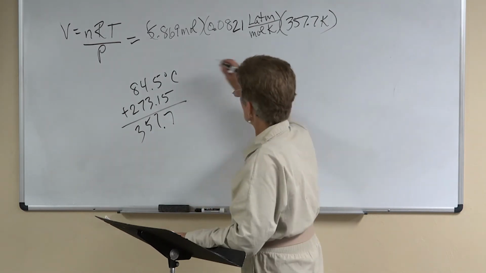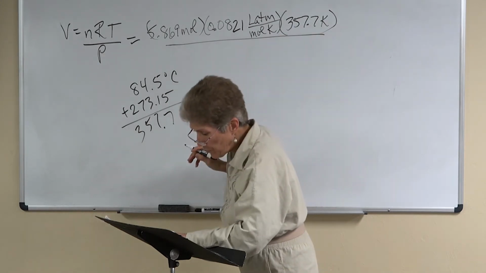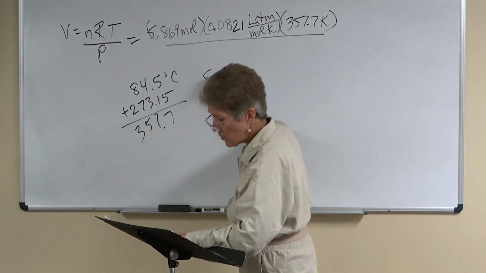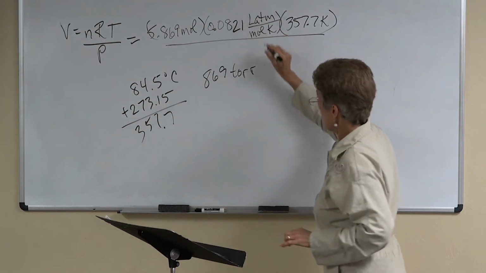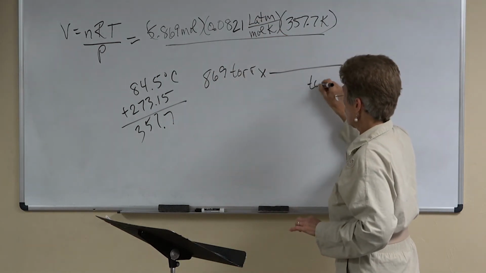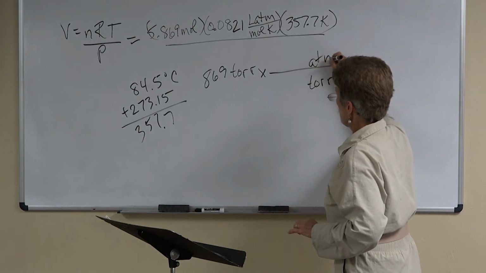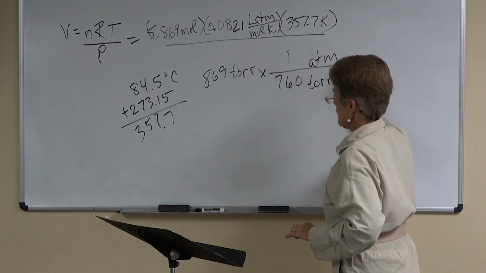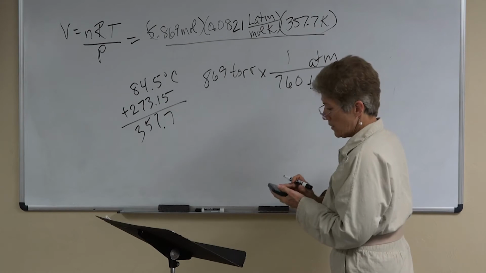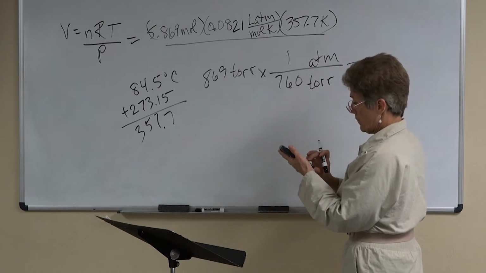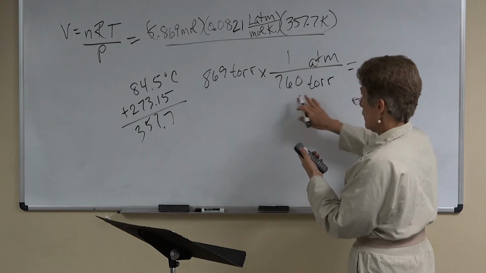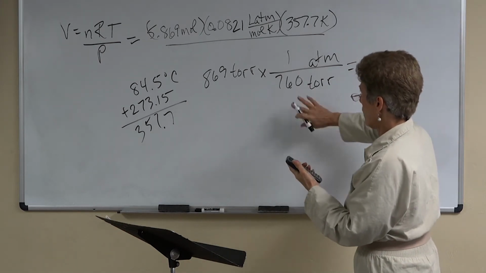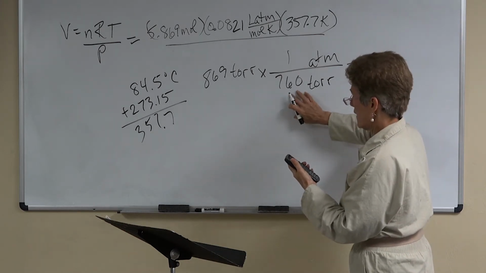And then we're going to divide that by the pressure. Well, here we're given the pressure is 869 torr, but we know we have to have atmospheres, so we're going to go torr to atmospheres, 760, and so that's going to end up giving us three significant figures because that one doesn't count in.